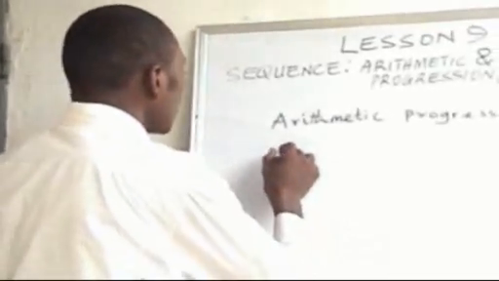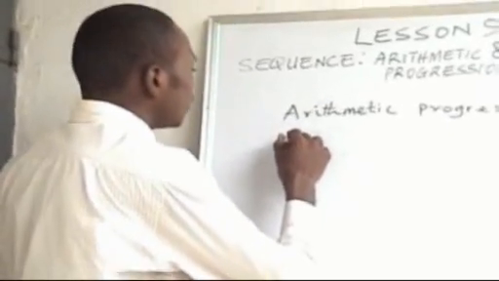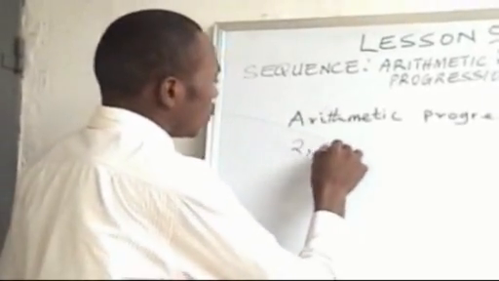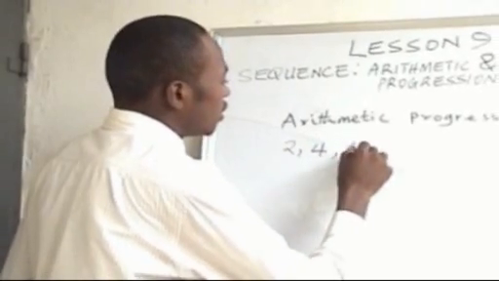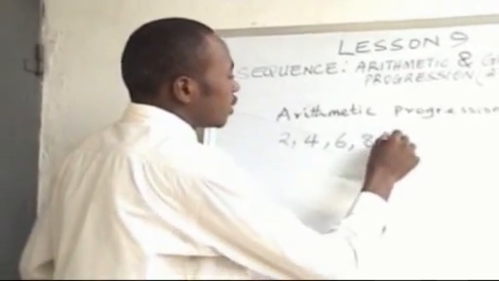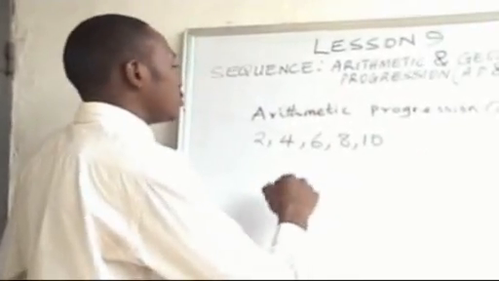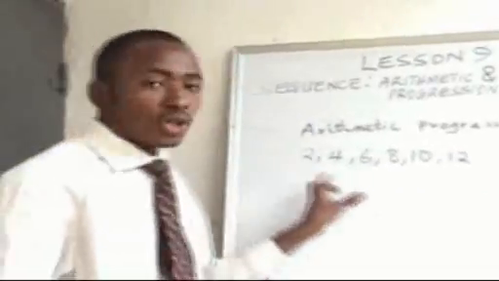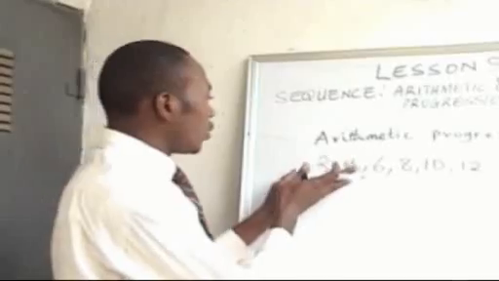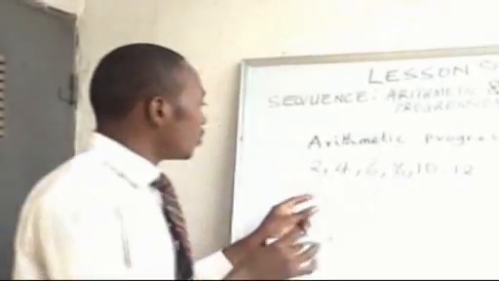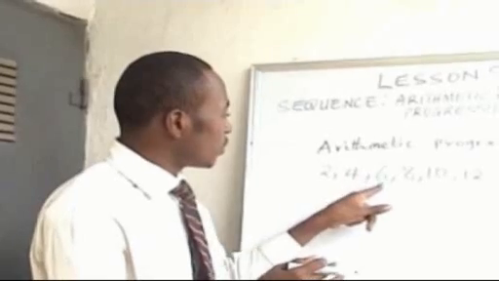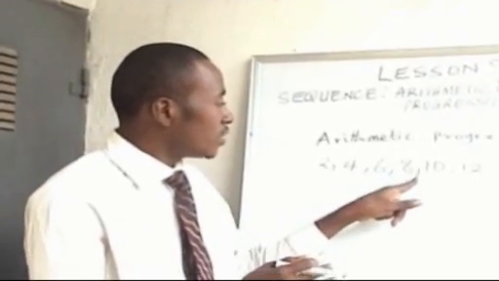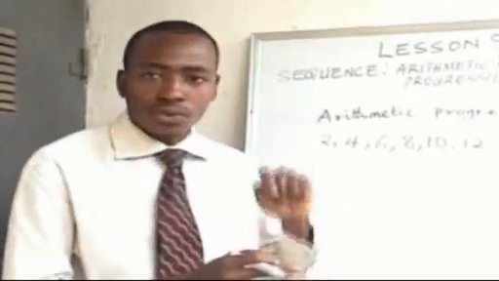Now, let's take for instance we have 2, 4, 6, 8, 10, and maybe 12. If you watch closely, there is a constant increase in value from 2 to 4, from 4 to 6, from 6 to 8, from 8 to 10, and from 10 to 12.